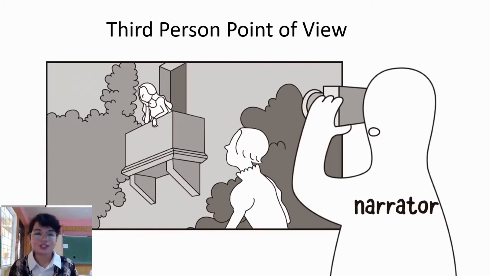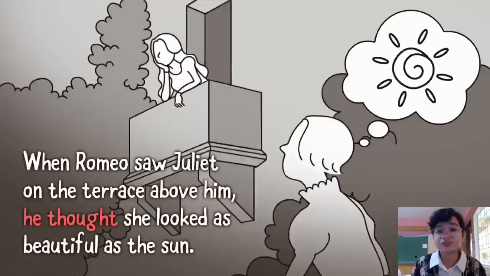of the characters. Now, there's this one type of third person point of view wherein we can see the characters' thoughts, whether of the main character or supporting characters. So we have here, when Romeo saw Juliet on the terrace above him, he thought she looked as beautiful as the sun.